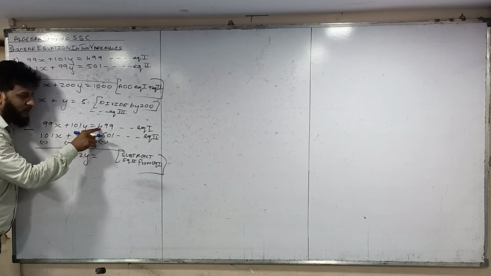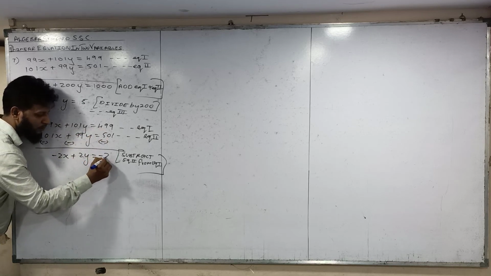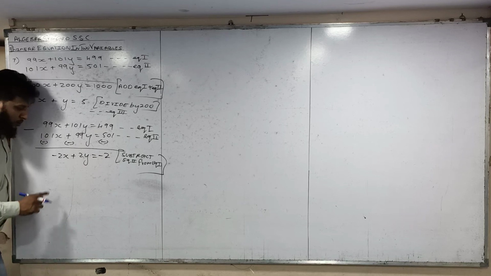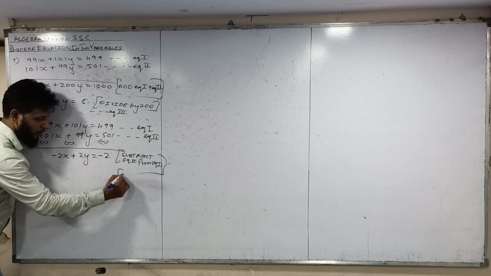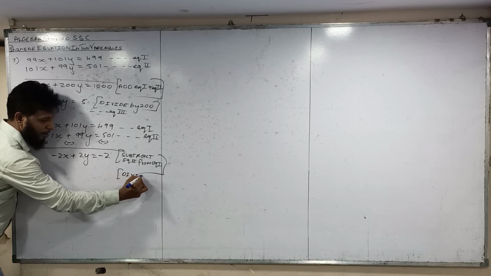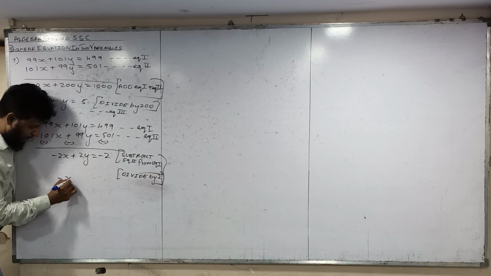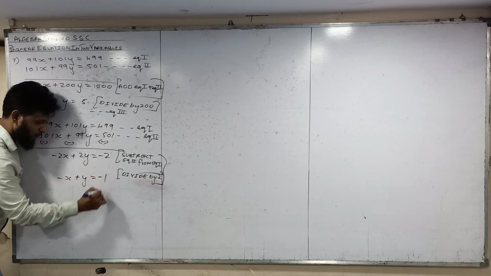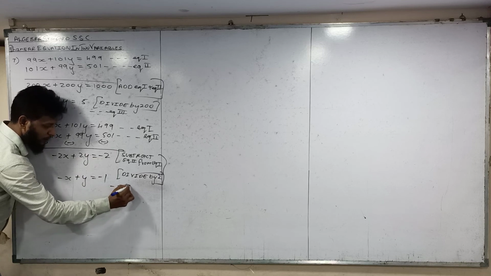And this is plus 499, this is minus 501. Minus 2. Okay. So now 2, 2, 2, divide by 2. What you will get? Minus x plus y is equal to minus 1. Just divide by 2. So this is your equation 4.